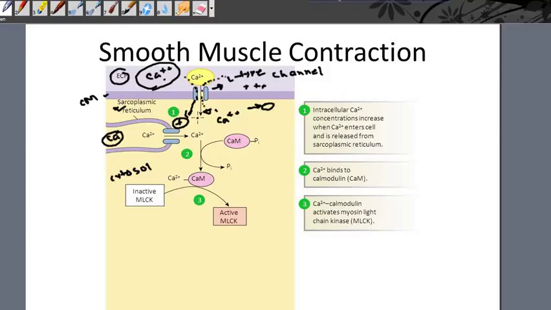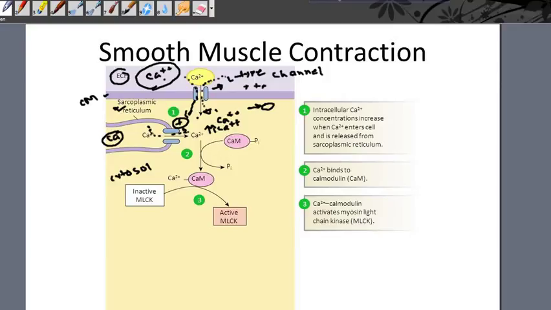This process is called calcium-induced calcium release, and due to calcium-induced calcium release, cytosolic calcium concentration will go high, right?